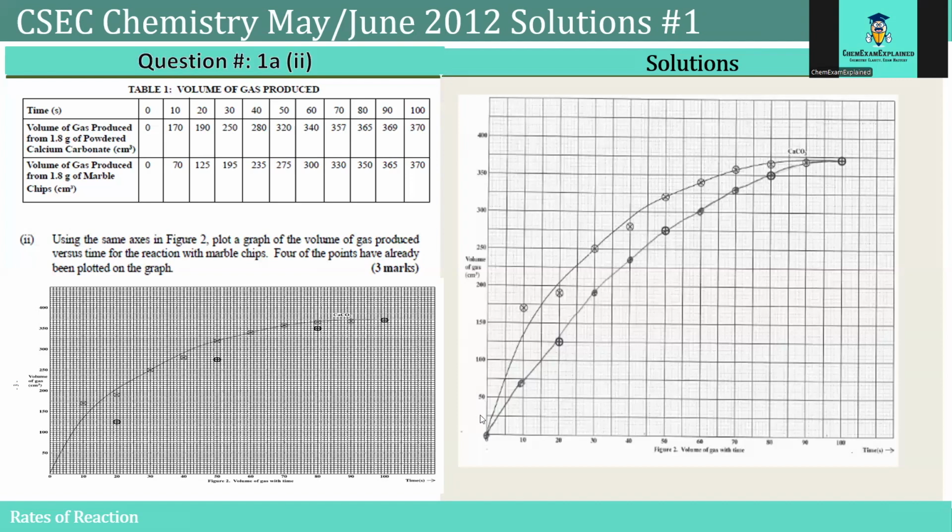So right here would be 25, 50, and so on. If you want to know the value of each of the small boxes, you would divide 50 by 10. So 50 divided by 10 would give you the value of one of the small boxes here. So you can do your plot. And when you finish with your plot, it should look like this.